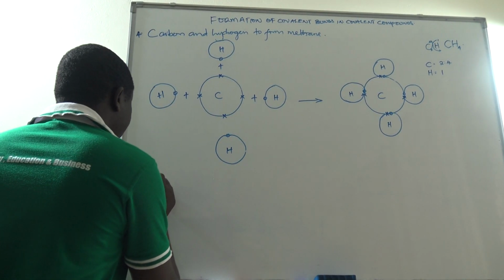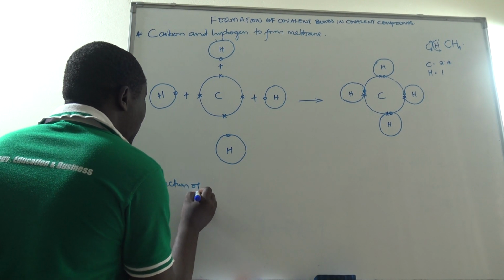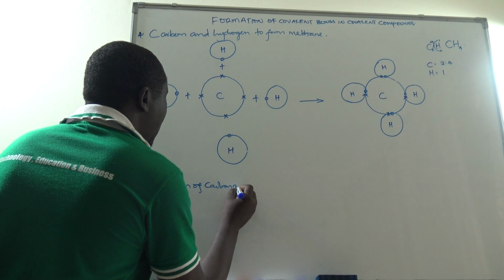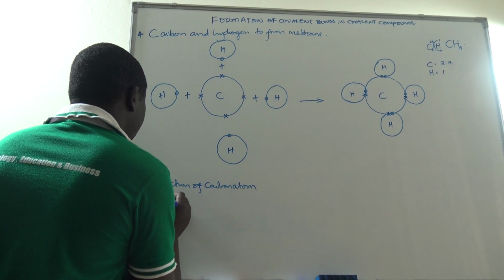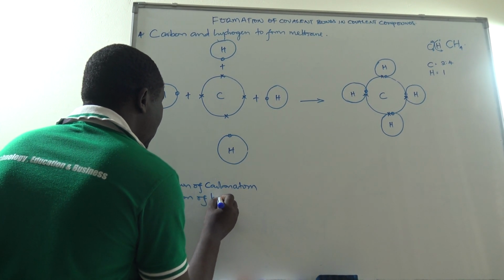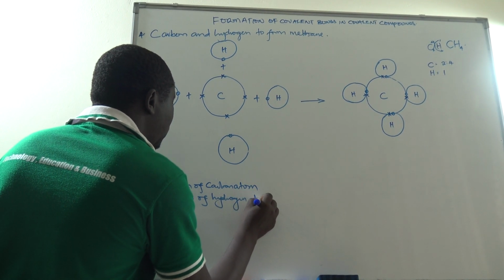So in this case, X is the electron of the carbon atom. Meanwhile, the circle is the electron of the hydrogen atom.